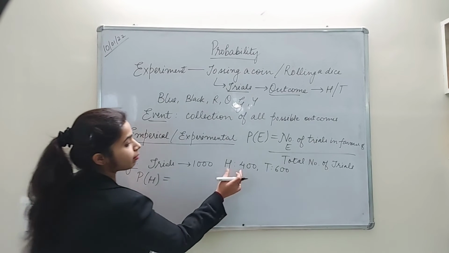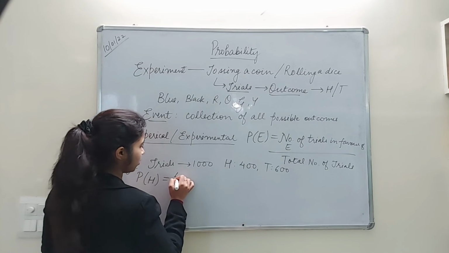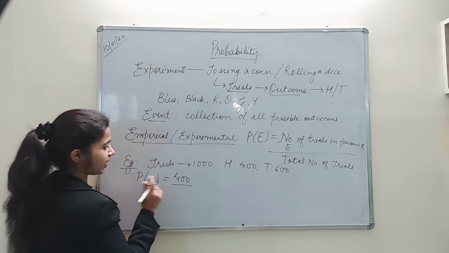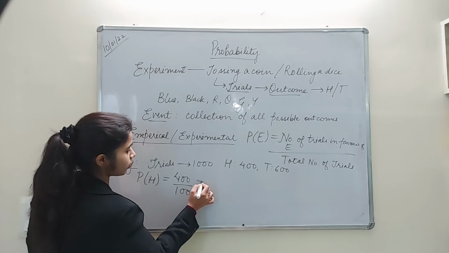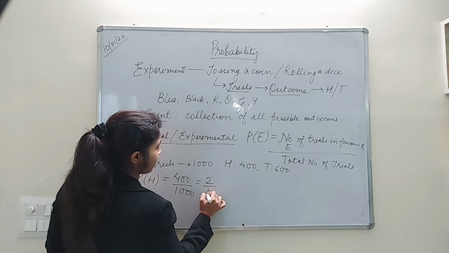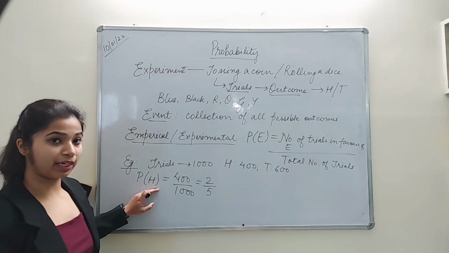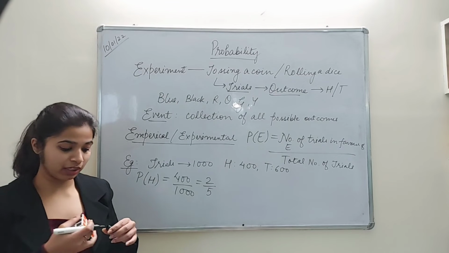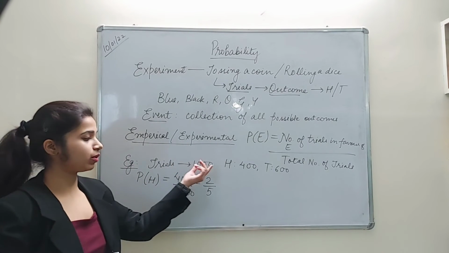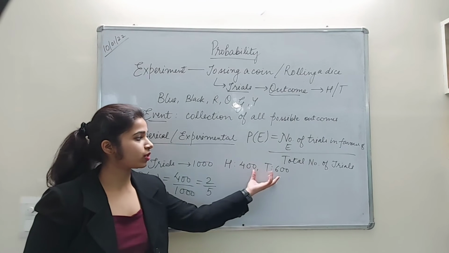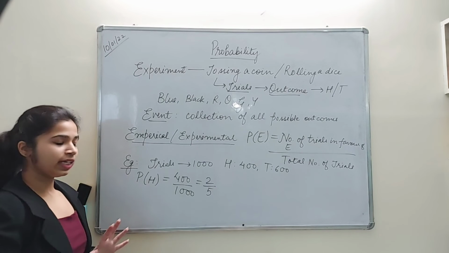It will be the number of trials which are in favor of head, that is 400, divided by the total number of trials, that is 1,000. So what do we get? 2 by 5. So that is the probability of head coming up in this particular experiment. So this is called empirical probability, wherein we do a number of trials and then on the basis of the number of trials we figure out what will be the probability of a particular event.